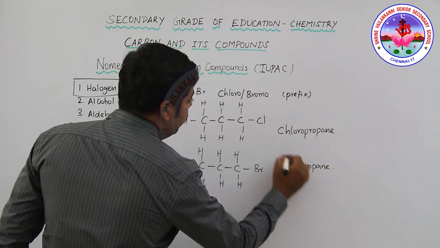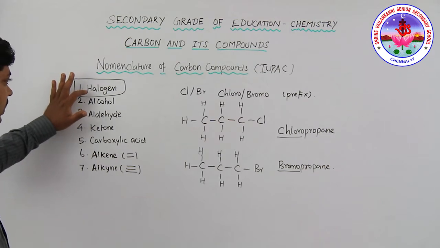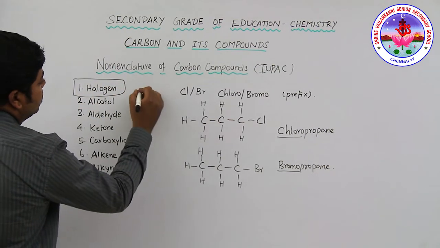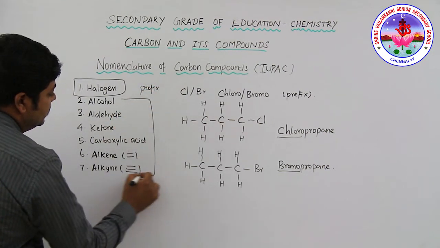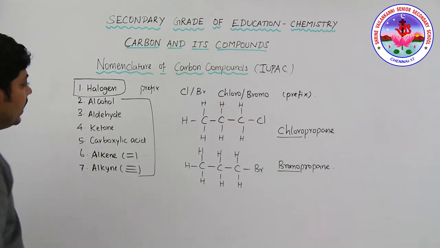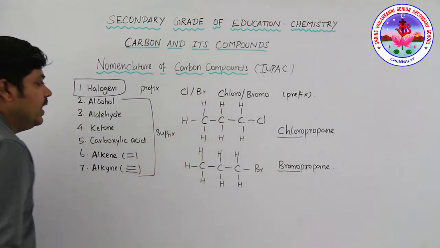So here bromo and chloro are in prefix form. In the case of halogens, the functional group should be written in prefix form. The rest, alcohol, aldehyde, ketone, carboxylic acid, alkene and alkyne, are simply suffix endings.